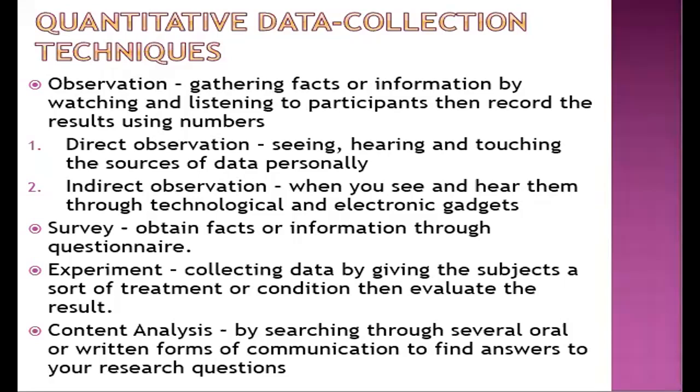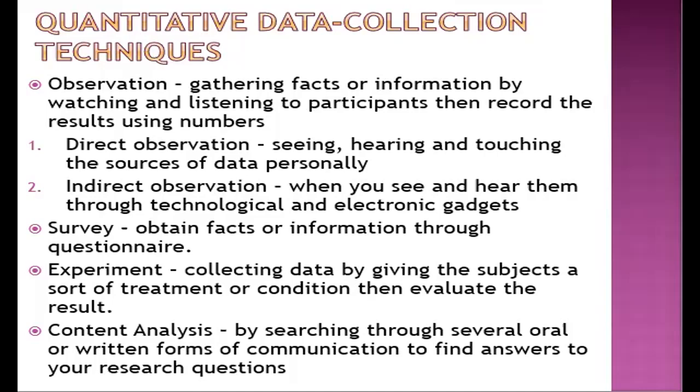The observation, in terms of quantitative data collection, is gathering information or facts through watching or listening, or through your sensory profile as the researcher, and then recording the results using numbers. We have two types of observation.